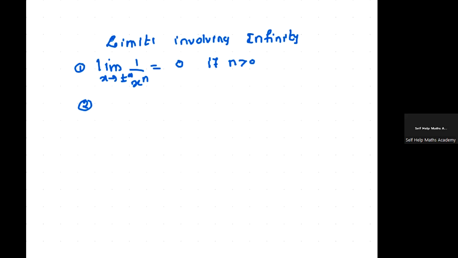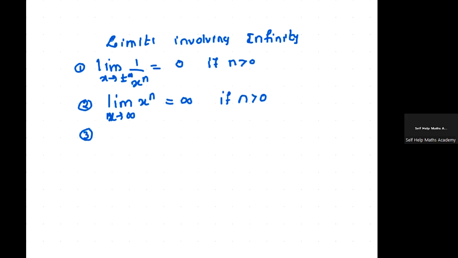And then we have limit of x to the power n as x is tending to infinity is equal to infinity. This is if n is greater than 0. If n is greater than 0, then x to the power n as x tends to infinity will be infinity.